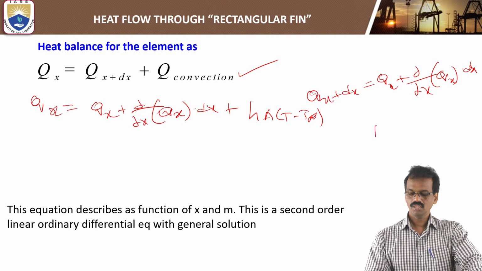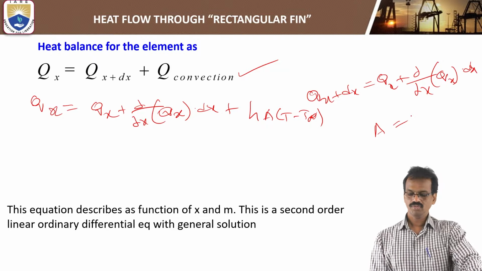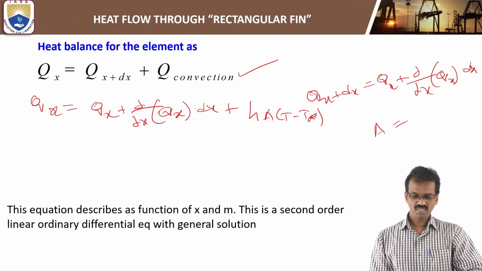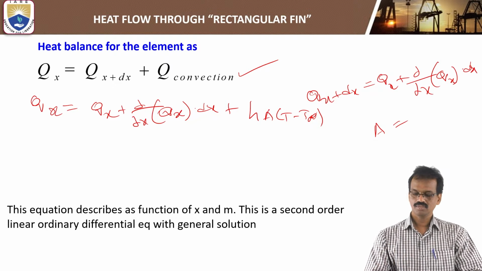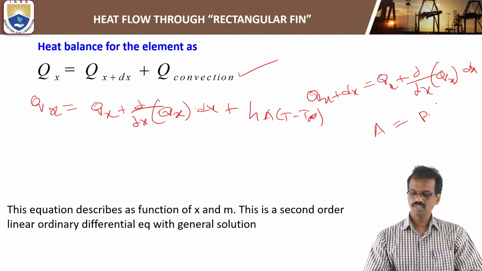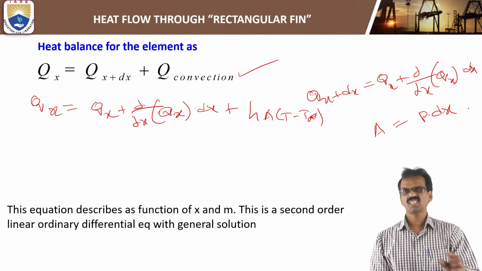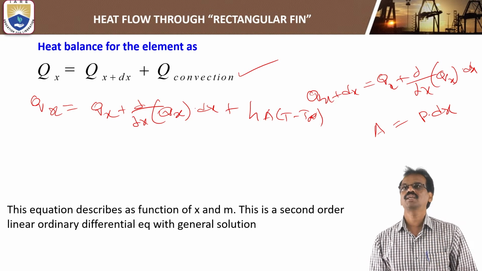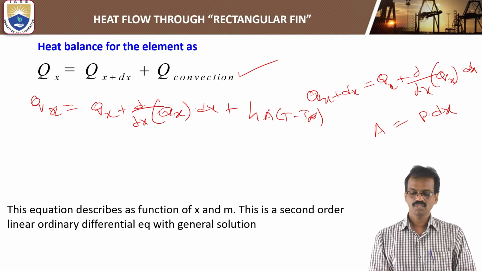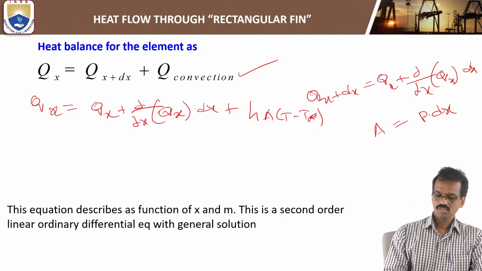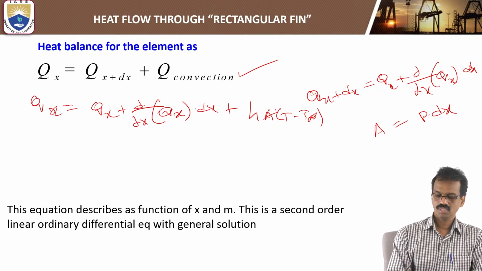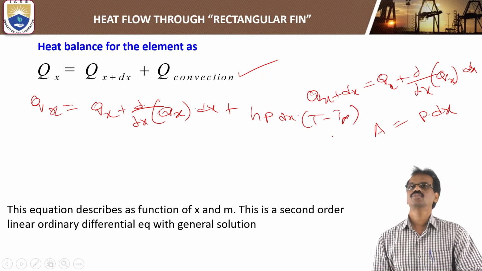Here the affecting area is the perimeter into thickness, so it is P into dx, where dx is the small elemental thickness and P is the perimeter. So you can rewrite it as h P dx into T minus T infinity. This is the formula.